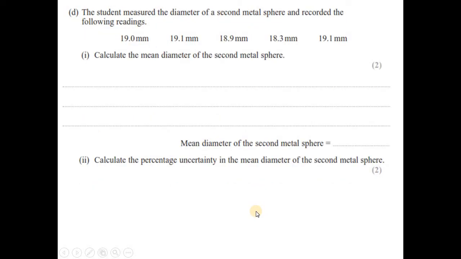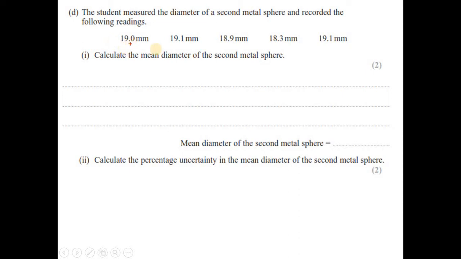The student measured the diameter of a second metal sphere and recorded the following readings. Calculate the mean diameter of the metal sphere. Generally in these types of questions, when they give you a set of readings for one measurement, they want to check your concept of an anomalous reading, and you get rid of that reading in your calculation.